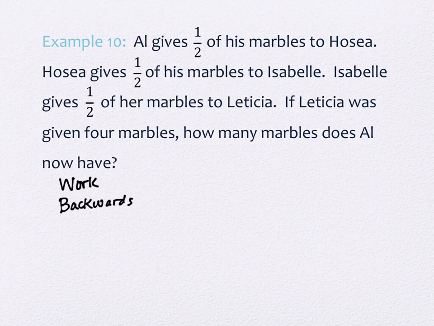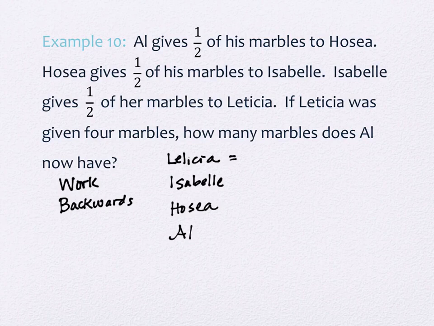So in particular, we will start with Letitia, and we'll work back to get back to Isabel, and then we'll work back to get to Hosea, and we will end with Al. So it says that Letitia was given 4 marbles.